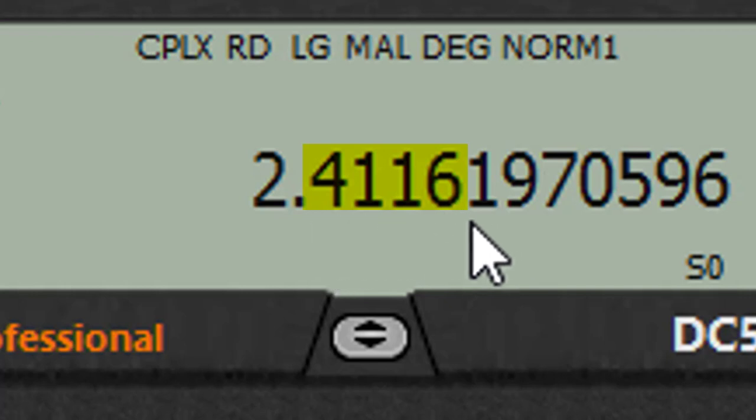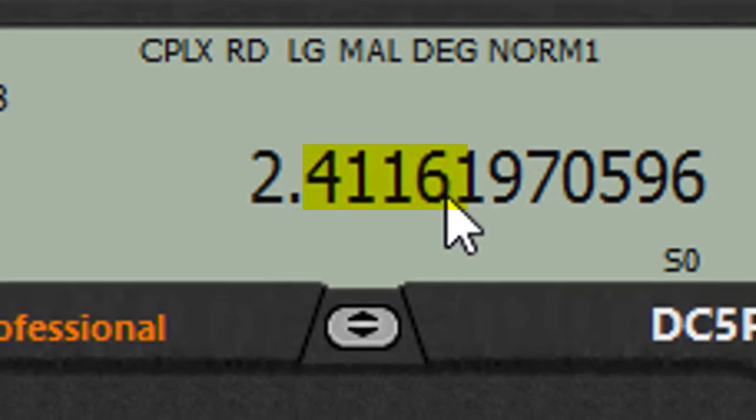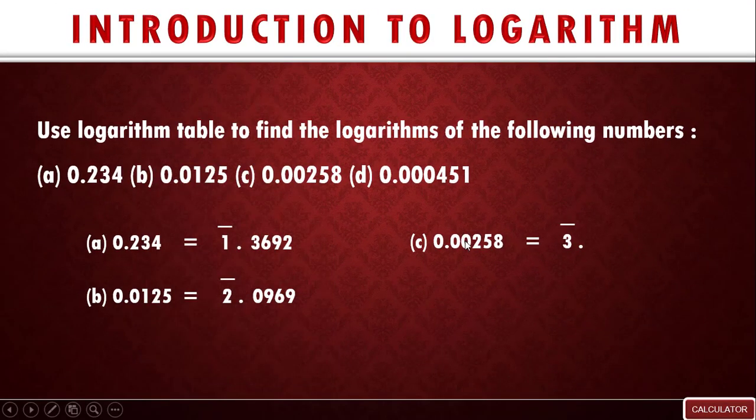That means the 4 digits of the mantissa that we have here is 4, 1, 1, 6. So that means our log for 0.00258 will be bar 3.4116.